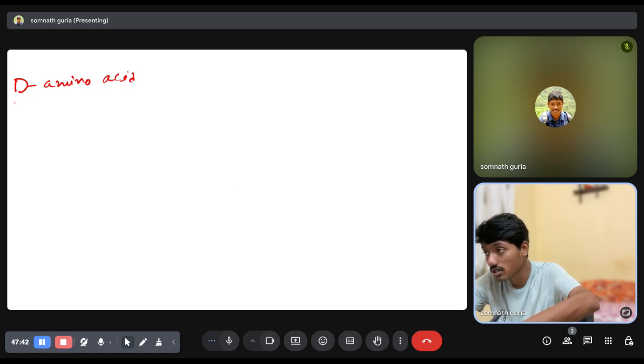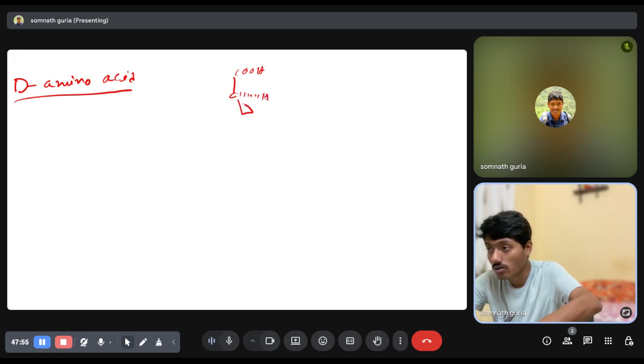When we call it a D amino acid, we have a molecule something like COOH, carbon, hydrogen at the backside. In the CORN rule, hydrogen should always be in the backside.